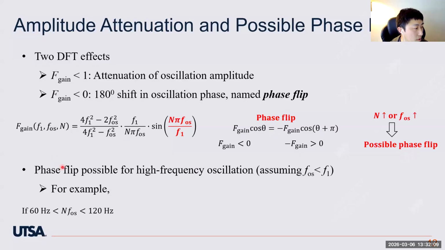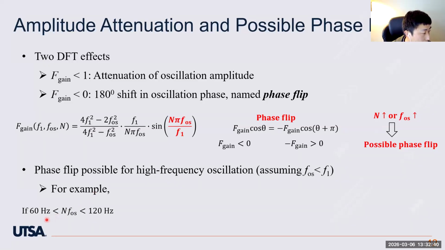So phase flip is very possible for high frequency oscillations, but we assume that the oscillation frequency is still below 60 Hertz. For oscillations above 60 Hertz, I think that will require additional investigation. For sure, there will be phase flips, but they'll be a little more complicated because we have to take into consideration the first term, the rational fraction here.